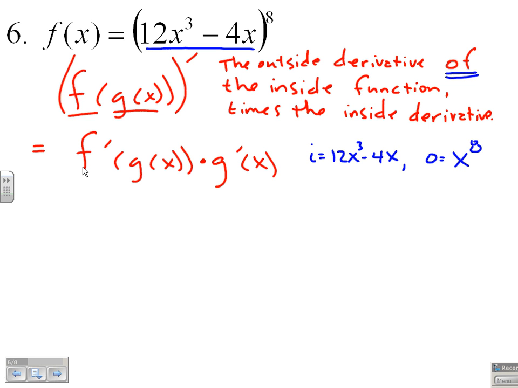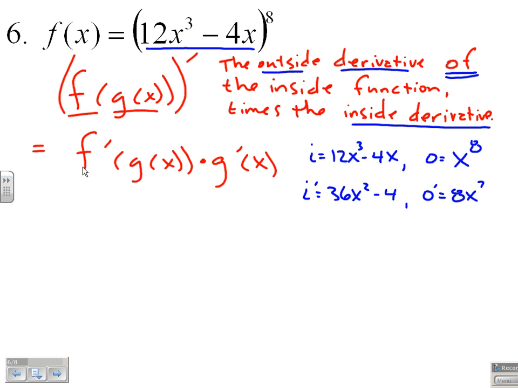Well, I know I need to know my outside derivative along the way. So my outside derivative is 8x to the 7th. I know I need to know my inside derivative later on, so my inside derivative is 36x squared minus 4. So I've got all of my parts, so I think I'm ready to go.